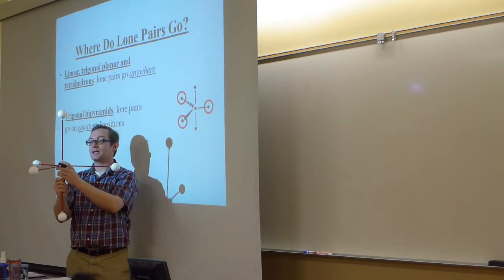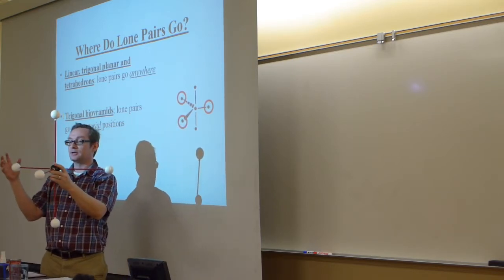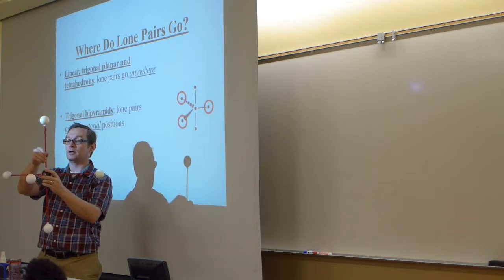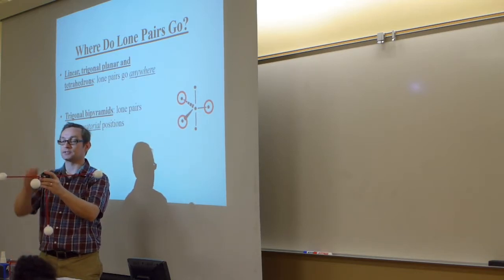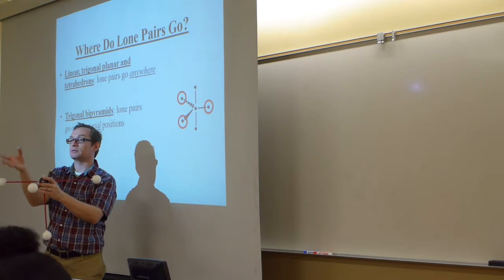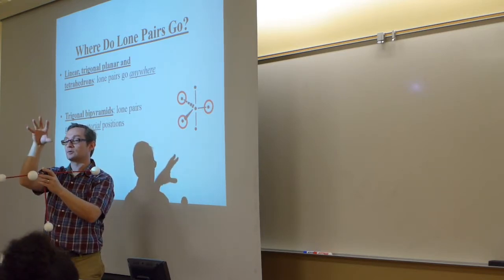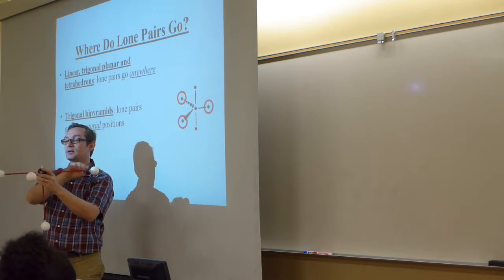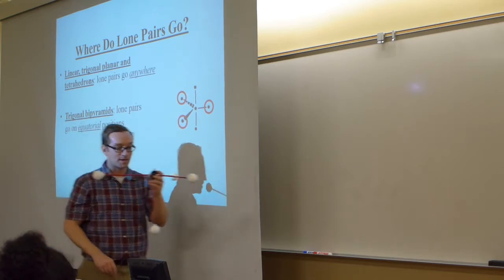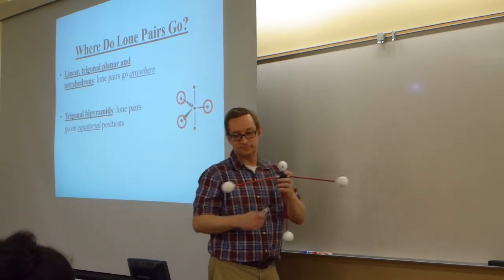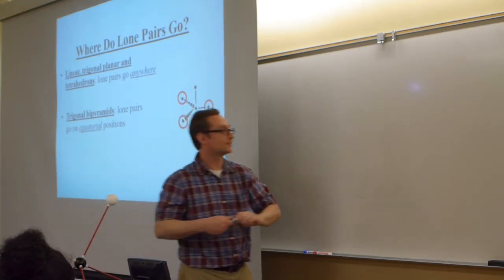So it turns out that if you had a lone pair on an axial position, let's just say you have this lone pair and it's big and it's taking up all this space. You've got 90-degree angles between the one lone pair and these bonded atoms. So let me draw a picture of this.